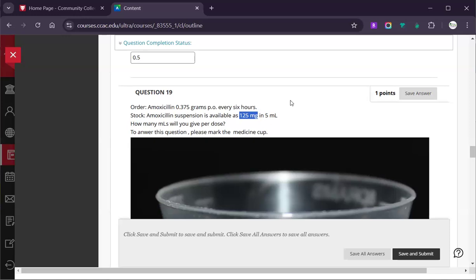So 0.375 grams is equivalent to 375 milligrams. So 375 milligrams over 125 milligrams, and then that number times 5 will give us our answer. Using the calculator, 375 divided by 125 is 3, times 5. So my answer would be 15 mL.